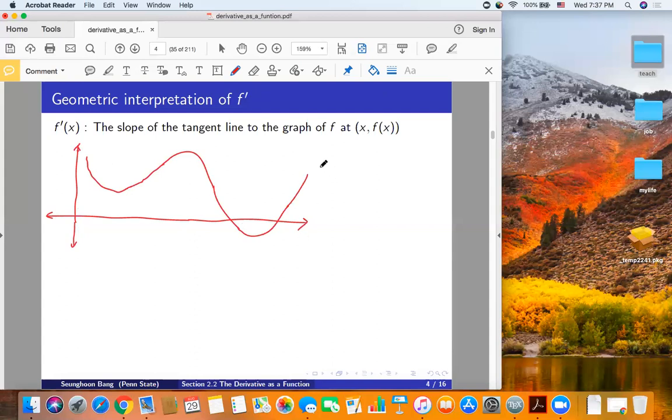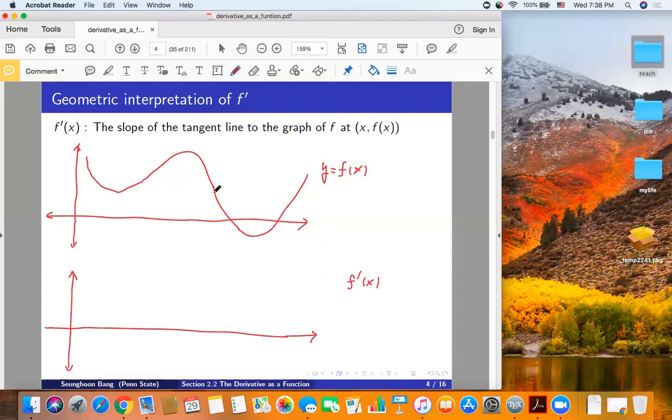This is y equals f of x given. I want to draw the graph of f prime of x. So here I can draw the graph of f prime of x.